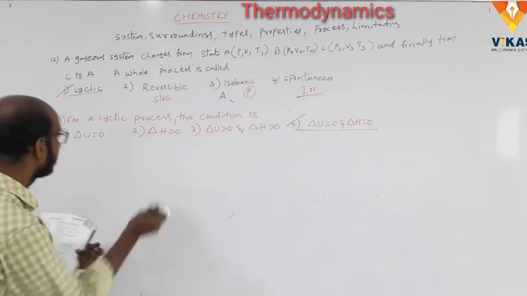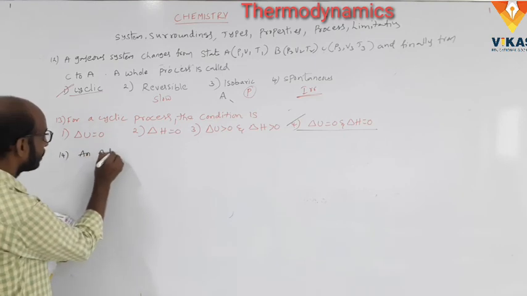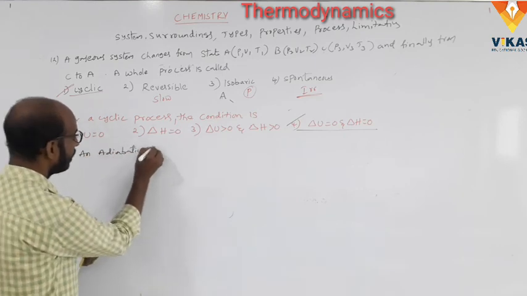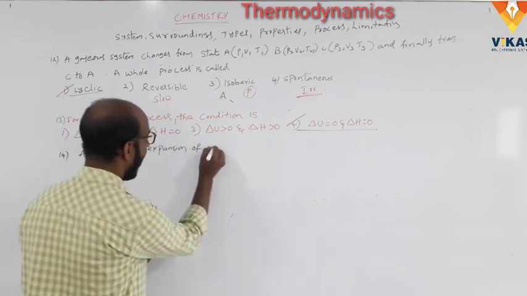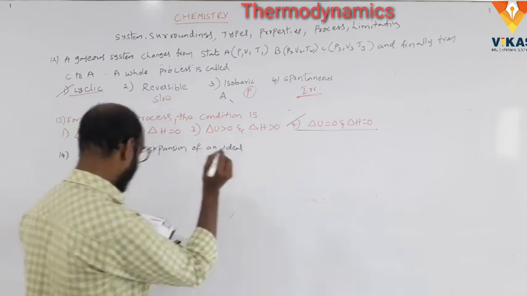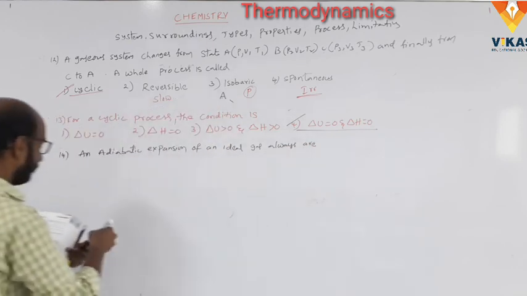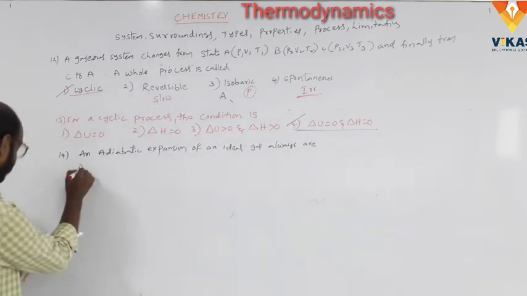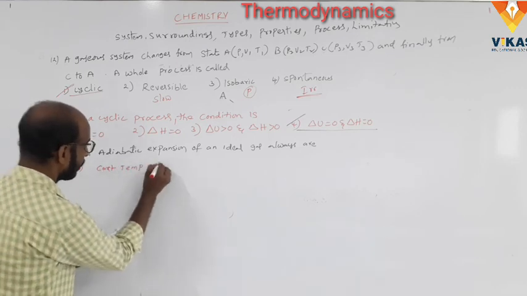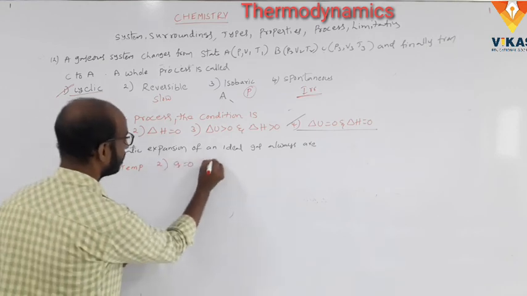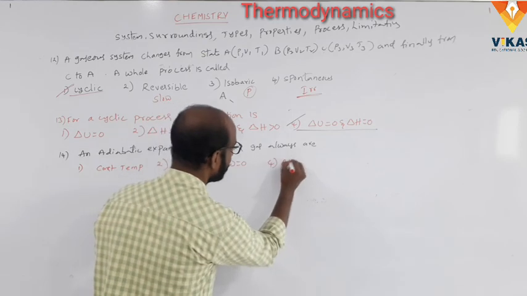Last one, the 14th. An adiabatic expansion of an ideal gas always has: number 1, constant temperature; number 2, Q is equal to 0; number 3, W is equal to 0; number 4, delta H is equal to 0.